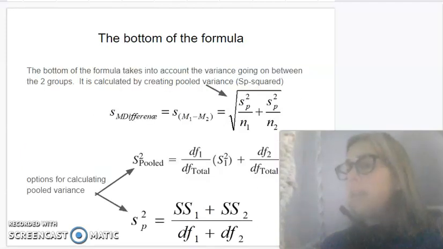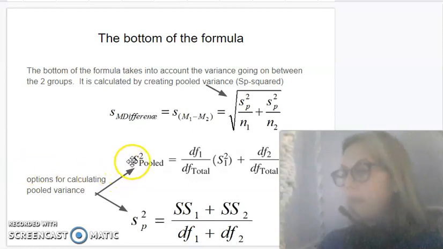When we look at estimated standard error for mean differences, I'm not having you calculate this, but you would get this by calculating pooled variance. And actually, I do have a homework assignment where you are given degrees of freedom and you are given the standard deviation. So you know standard deviation times standard deviation is variance, and you are going to use that pooled variance formula.